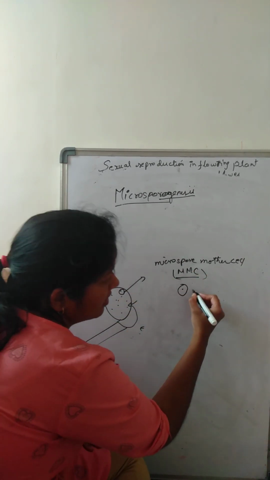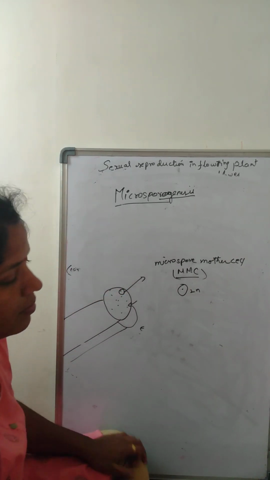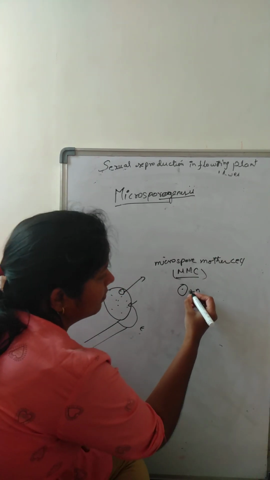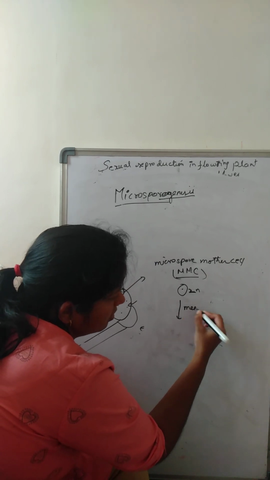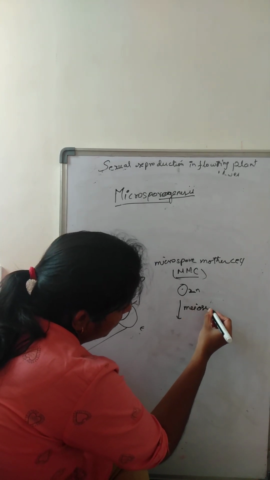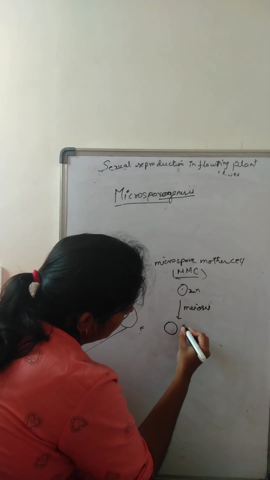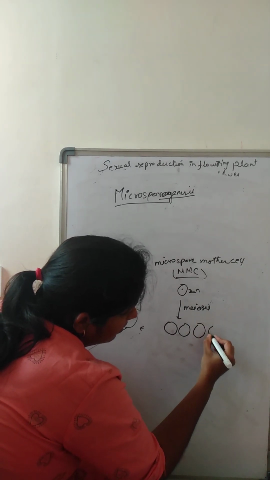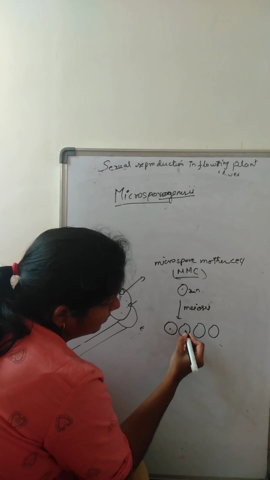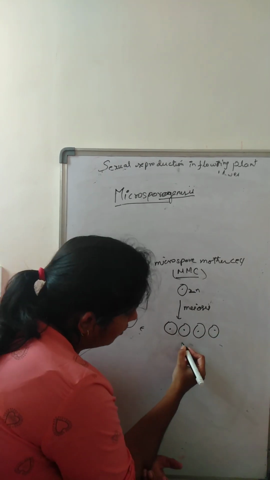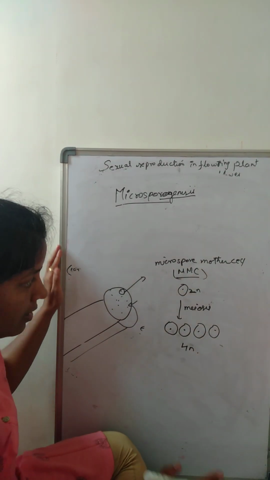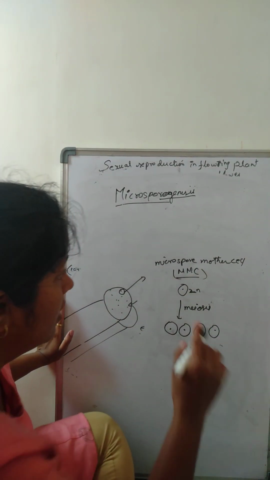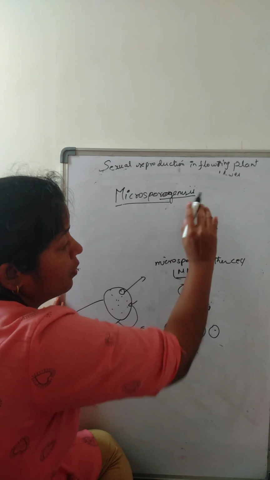This is actually diploid, 2n. This undergoes meiosis to form 4 cells, 4 haploid cells. Understand everyone? So this is microsporogenesis.